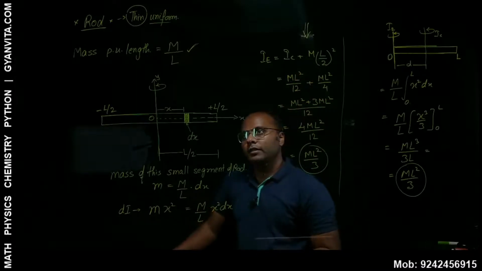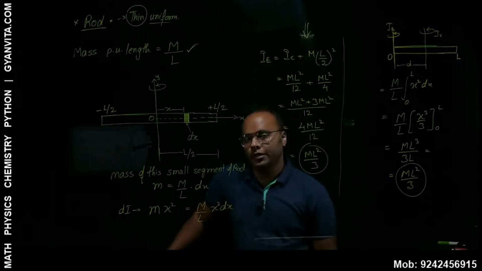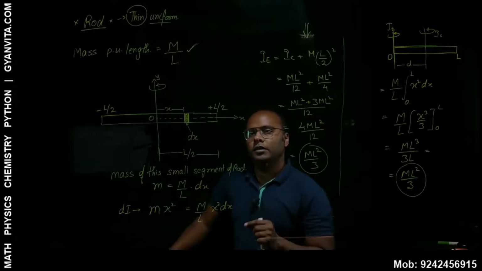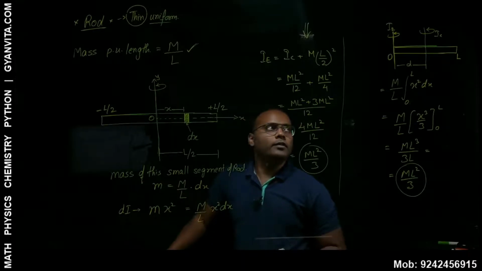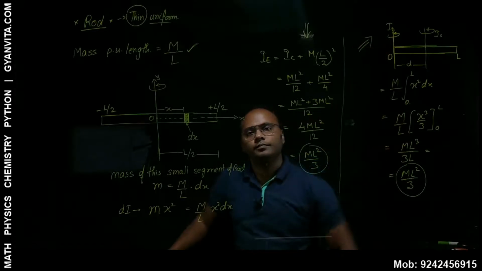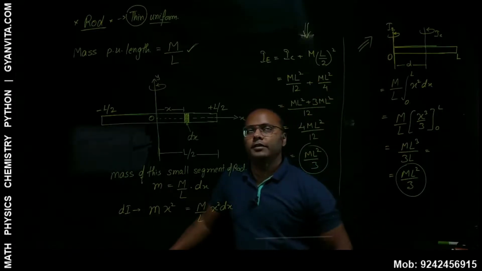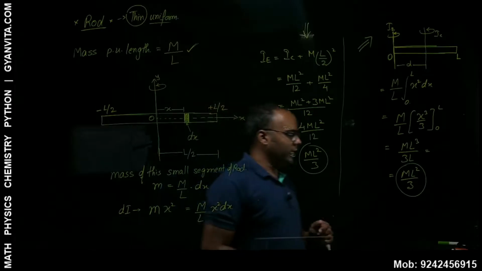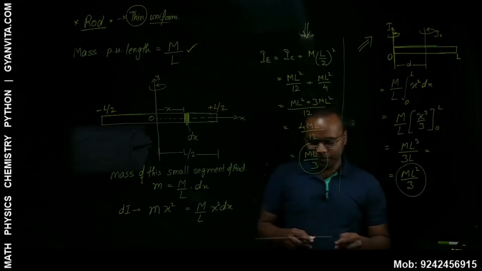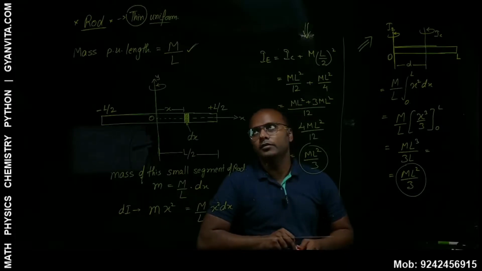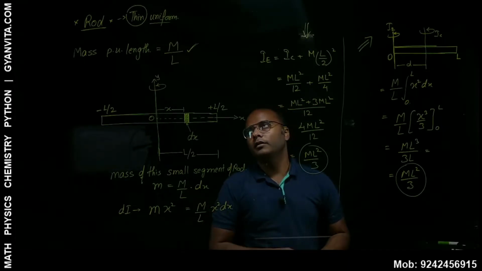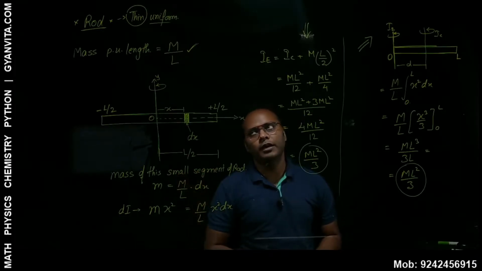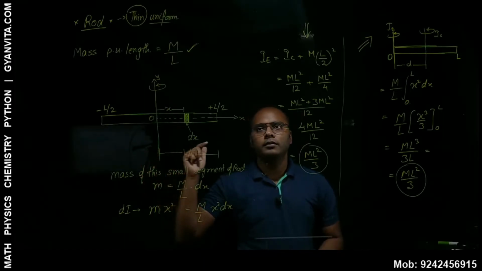And if it is given that just derive the expression for the moment of inertia of the thin rod about an axis at the end of the rod, then you will have to apply this method, that is, from scratch you are finding, and you can judge this by the weightage that question has got in your question paper. So these were the two shapes, the rod, and before that we have already seen the disc, and before that we have seen the ring. So 3 shapes we have done, that is ring, disc and rod.